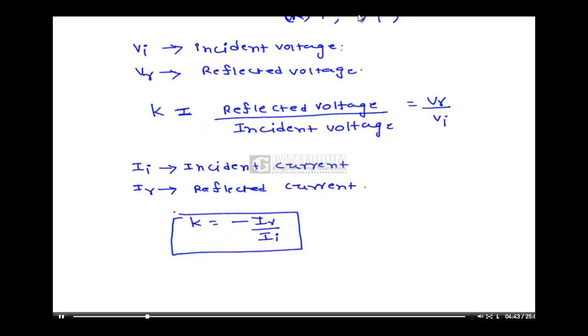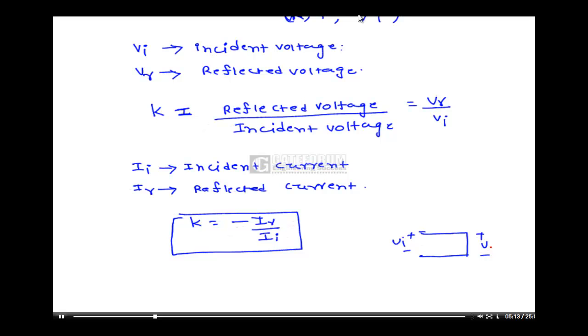Why we are taking the current as negative is because the reflected voltage, if considered positive, will circulate an opposite current to the previous one. Suppose I am considering the incident voltage like this, VI.